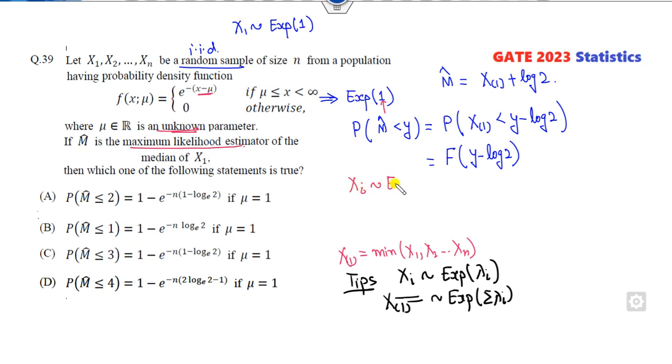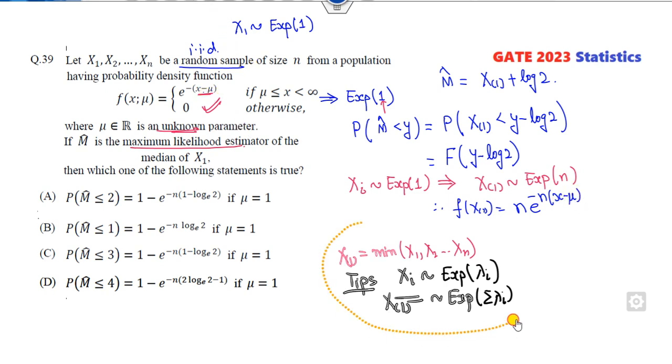Xi's follow the exponential distribution with parameter 1. So what is the meaning of that? X1 will follow the exponential distribution with parameter n. Therefore, what is the PDF of x1? This is n e raised to the power minus n times x minus mu, because it is in terms of mu.